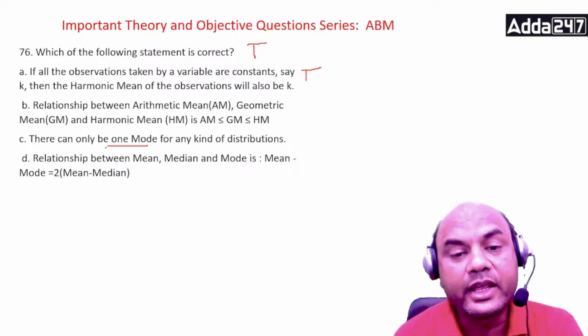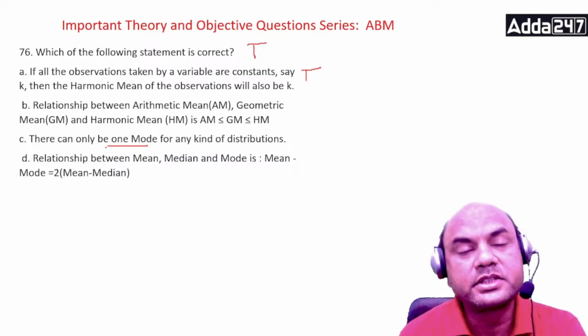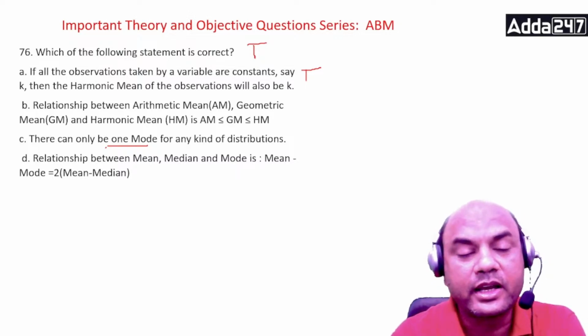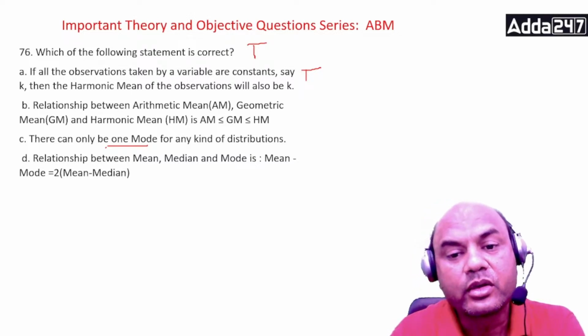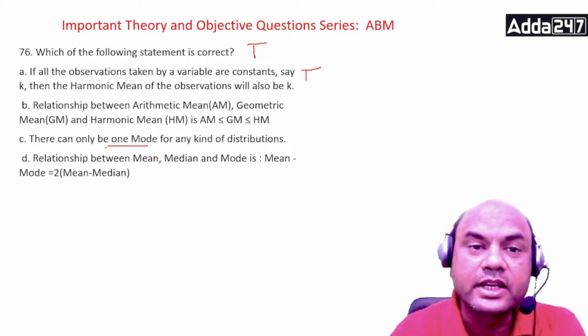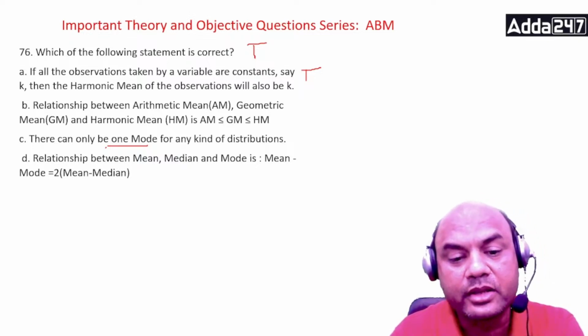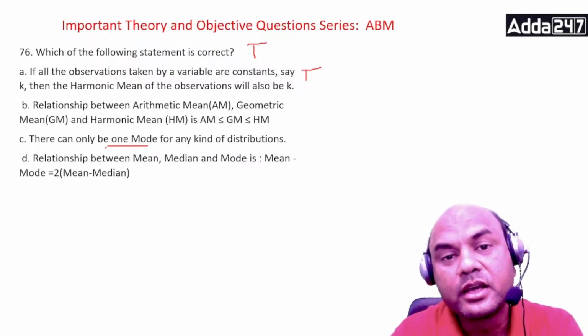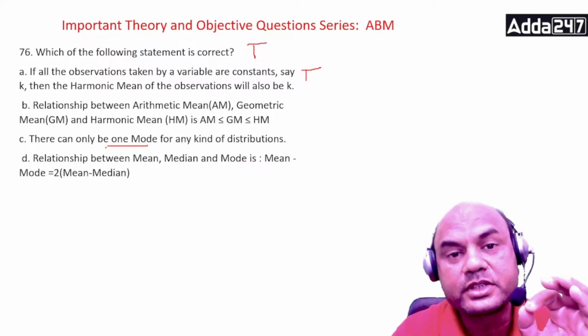So, why is A true? Because harmonic mean refers to the averaging of ratios such as speed and time, cost and unit. Means basically it's an averaging. It is also the reciprocal of the arithmetic mean of the reciprocals of the observations, which is called ROR. Harmonic mean is always called ROR.